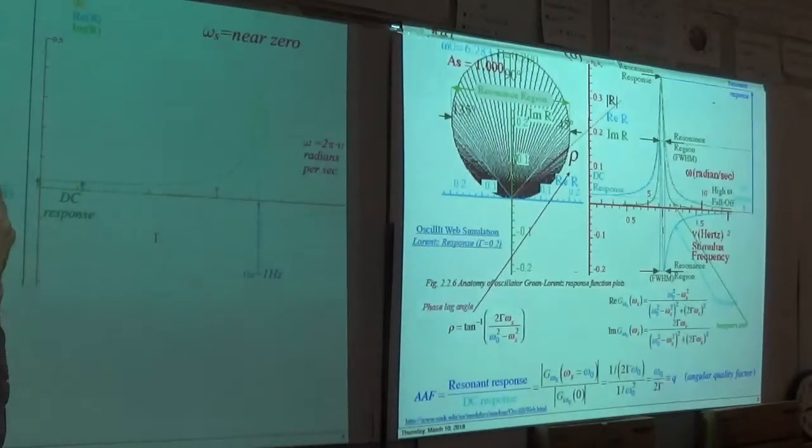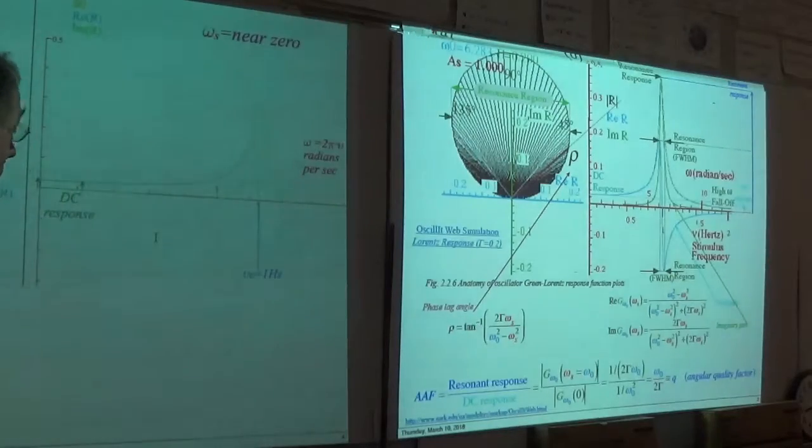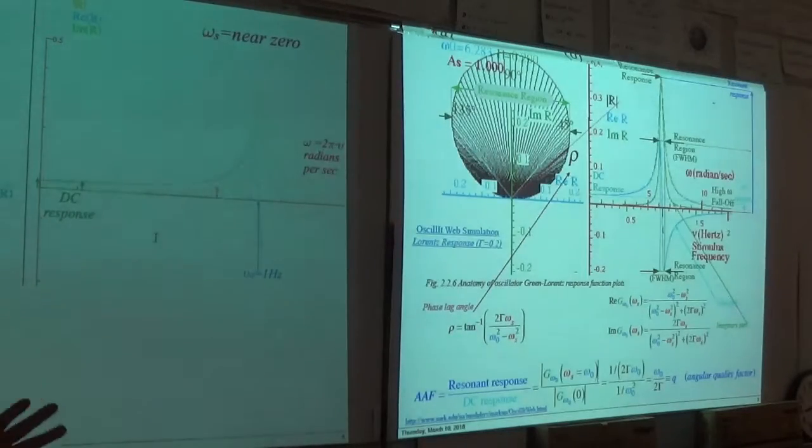And if you recall, we gave a name to that particular response when the stimulus frequency is very near to 0. And that name is direct current response. That means no frequency or very low frequency stimulus.